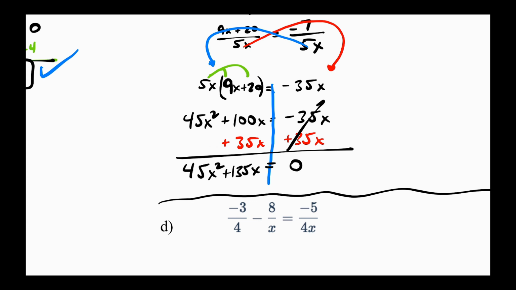Okay. Well, now it's not a trinomial. It's a binomial. It's got two terms instead of three like the last one.